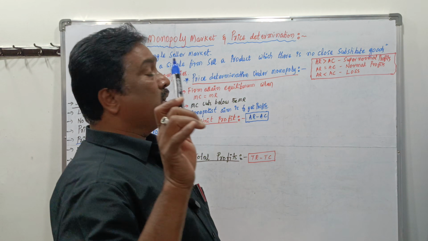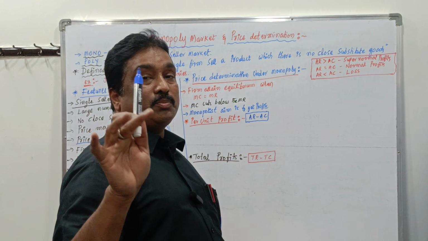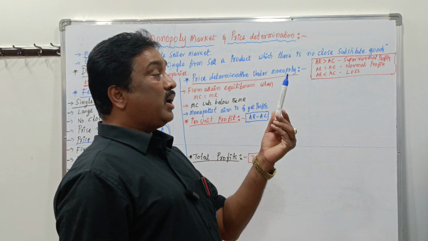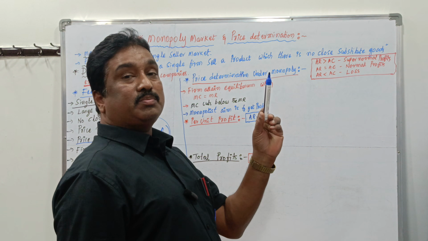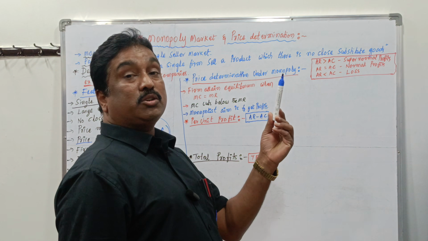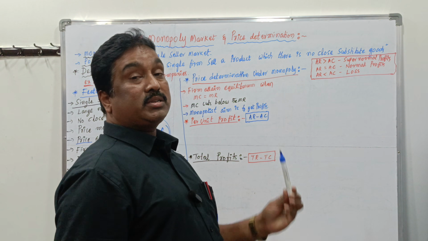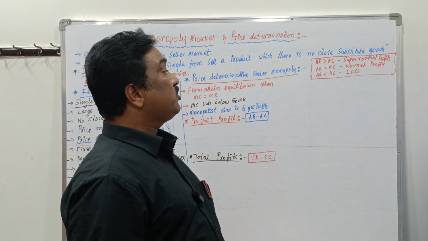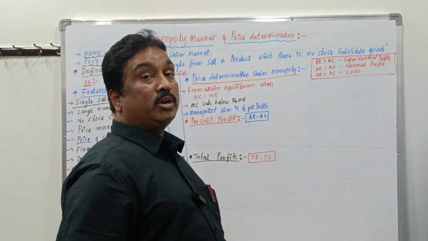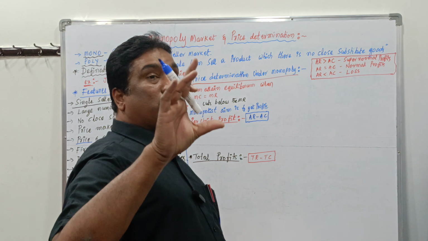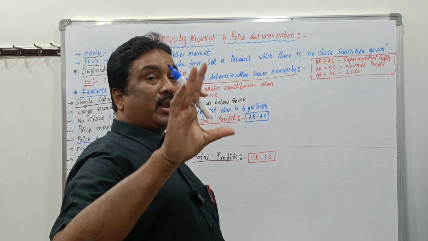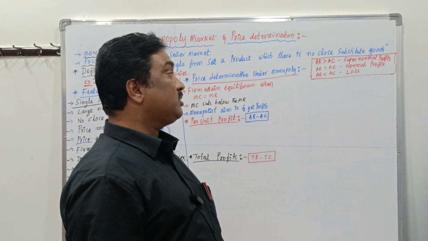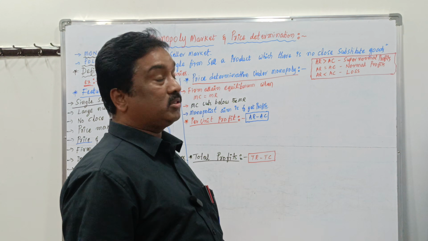For the production of this pen, if the cost is 10 rupees, but after selling this pen I receive 20 rupees revenue, that means 10 rupees extra income I receive. That is called supernormal profits. During the short run, the monopolist sometimes gets supernormal profits, normal profits, and loss also.